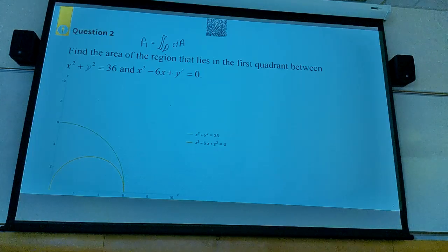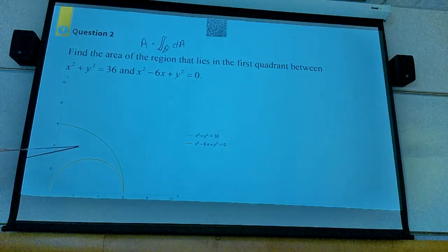And so the region, the area we're looking for, is between these two curves. Right here, right?